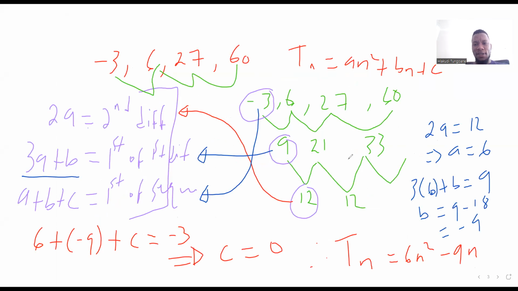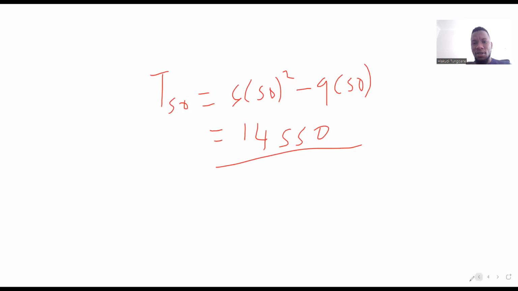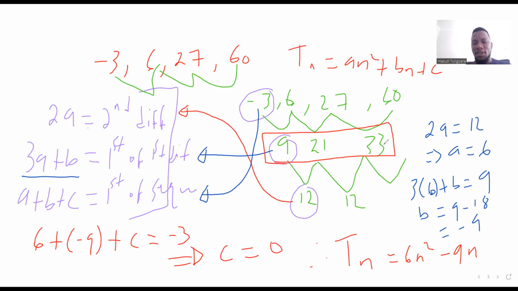This was the first difference number pattern. They want us to determine Sn for those terms: 9, 21, 33. That's the sequence for the first difference, and we know that this sequence must be arithmetic. So we need to use Sn for an arithmetic sequence.